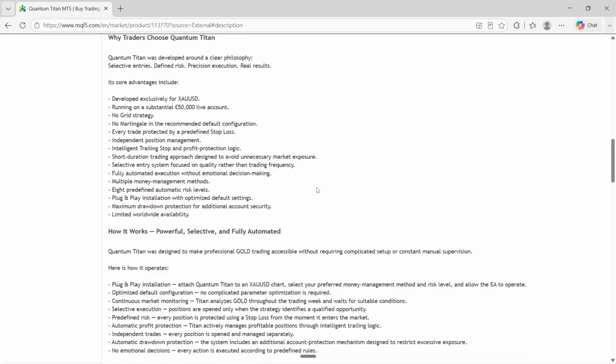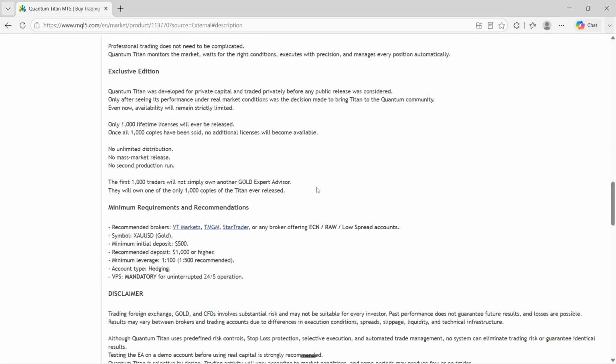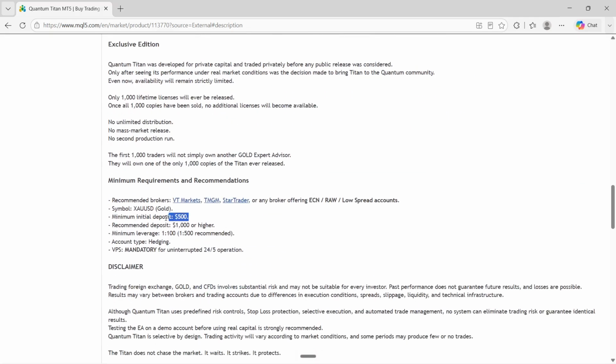The minimum deposit is listed around $500, as you can see, with $1,000 or higher recommended. Hedging accounts and low spread ECN/raw brokers are preferred.